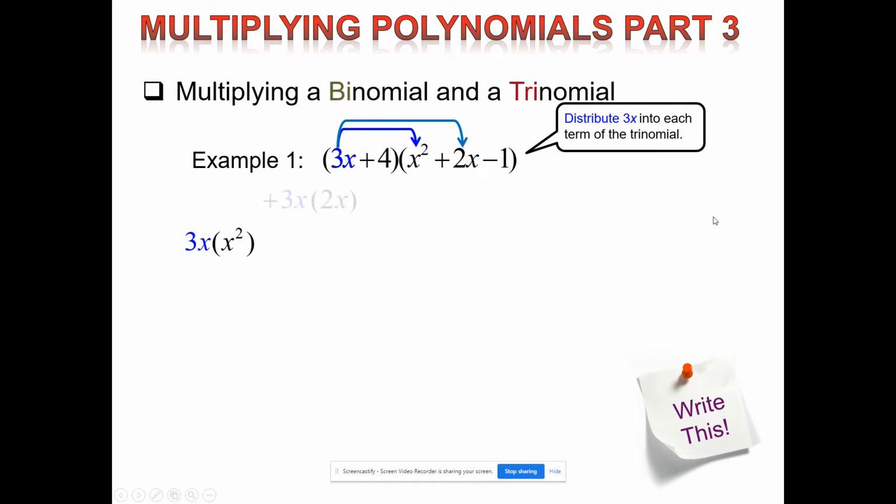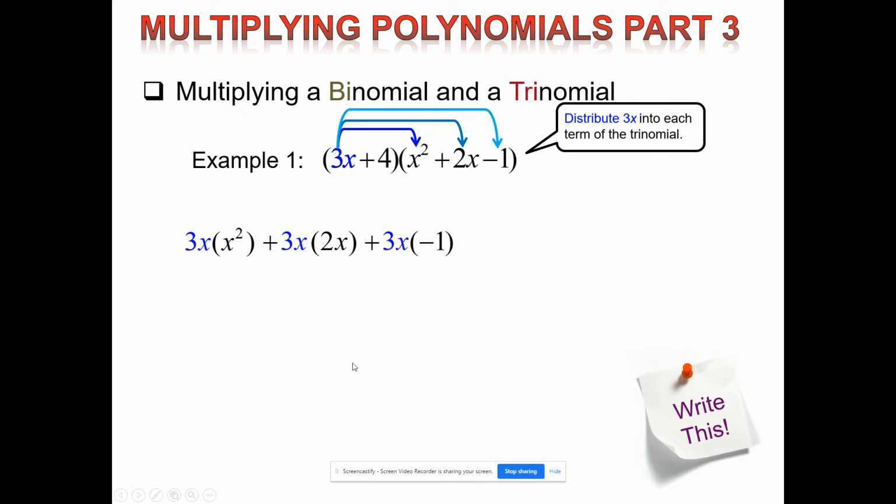And then it's going to be 3x times 2x. And remember, we always want some sign in between our terms. This is a term, this is a term, and then we have 3x times negative 1, and I went ahead and put the plus here. So we'll let the product determine whether this stays positive or goes to negative. Okay, so far I've distributed 3x into these 3 terms.